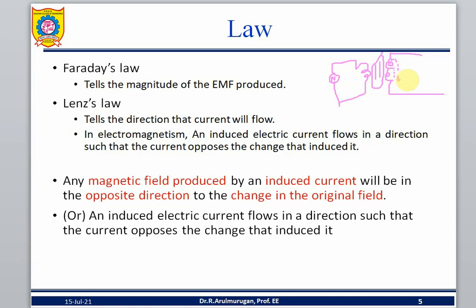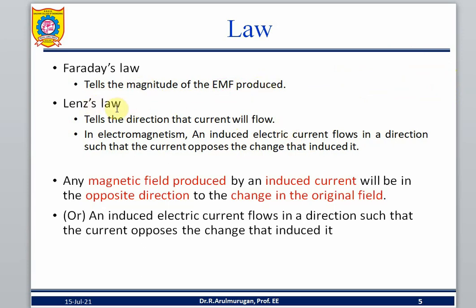To utilize the EMF, you form a closed circuit through a load, connecting one bulb. Then the EMF, which gives current, can be utilized. So the magnitude of the EMF is produced based on the electromagnetic induction principle.